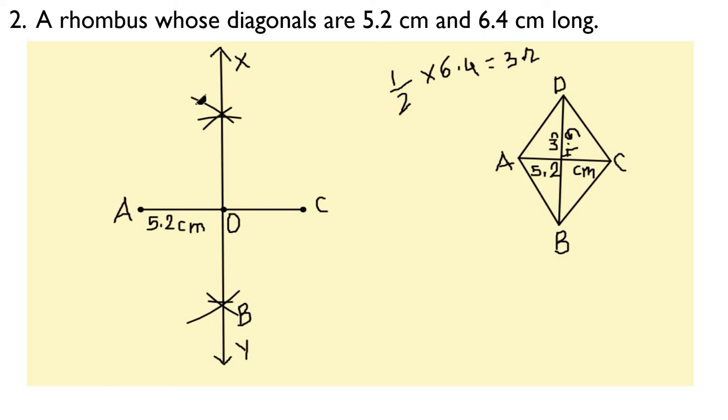After marking the vertices, we join the points, that is, here you can see DA, AB, BC and CD.